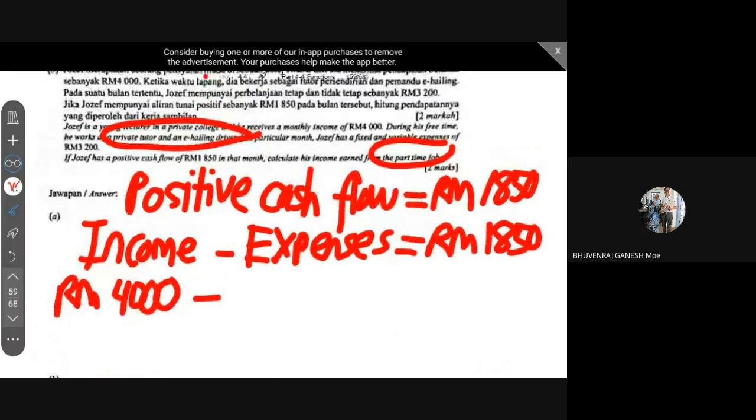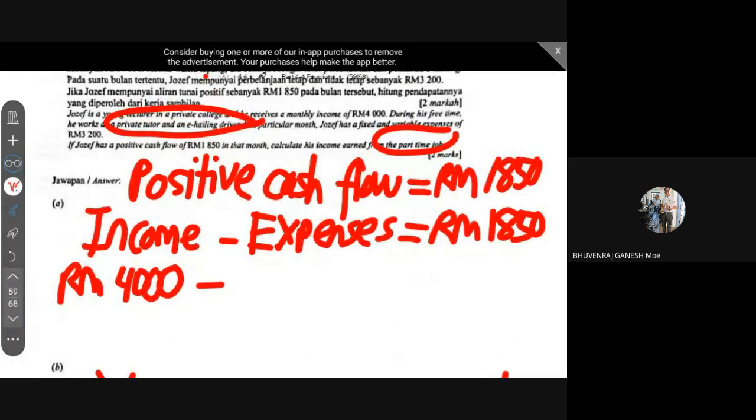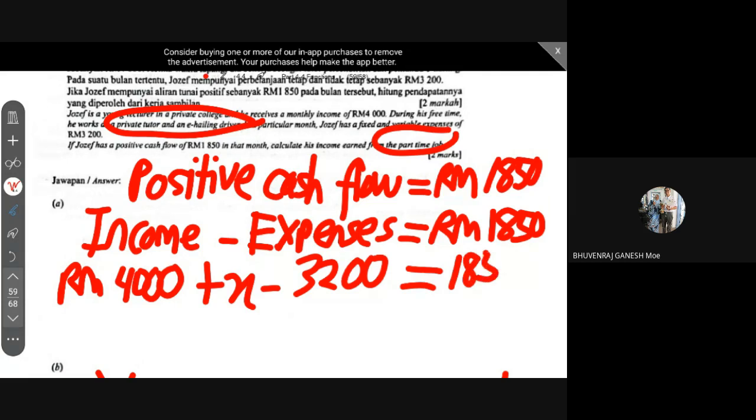What unknown do you want to give for the income earned from the part-time job? What do you want to put here? Assume what? X, okay, very good, very common. So income means plus X here, minus the expense 3200. So you should get the answer here. So now basically you find X.